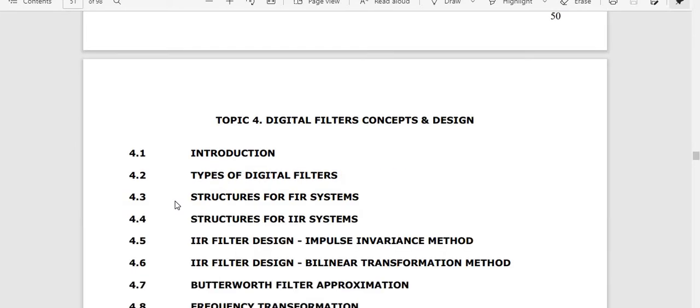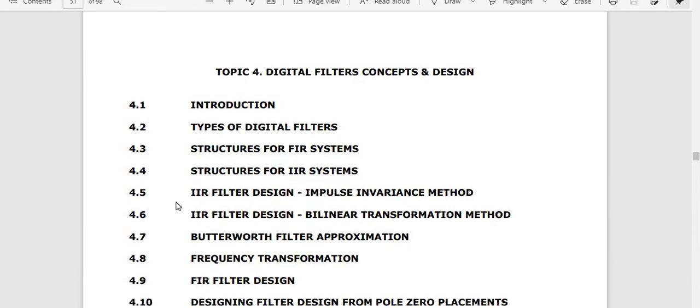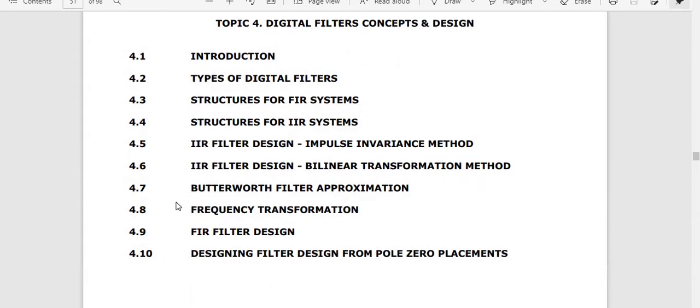What are the structures? As I said, we are going to learn about the IIR system and the FIR system. We are going to see digital filters and how they are effectively useful. IIR methods by using the impulse invariance method and bilinear transformation. IIR methods by using Butterworth approximation and Chebyshev approximation. We do have that concept.